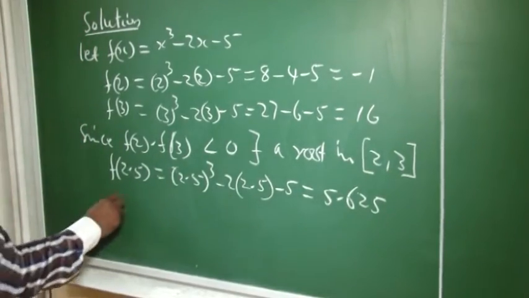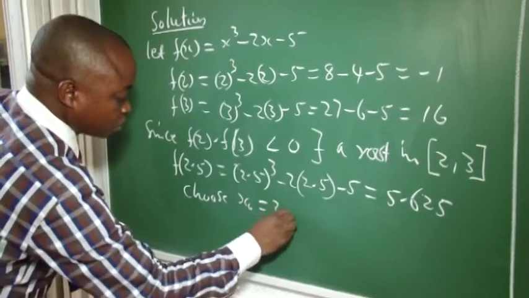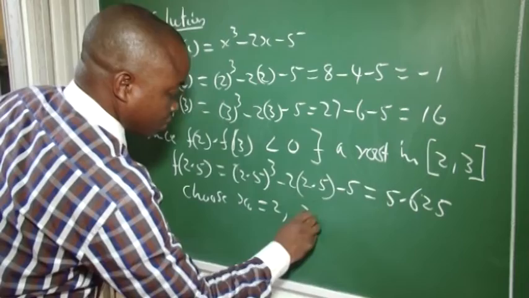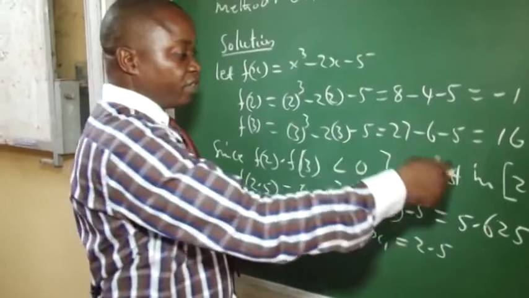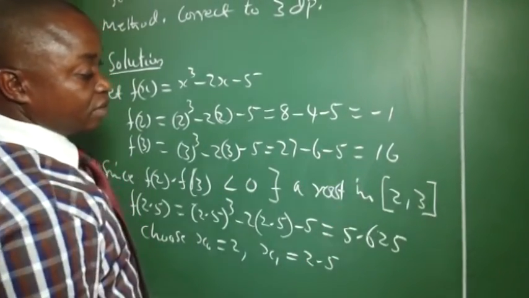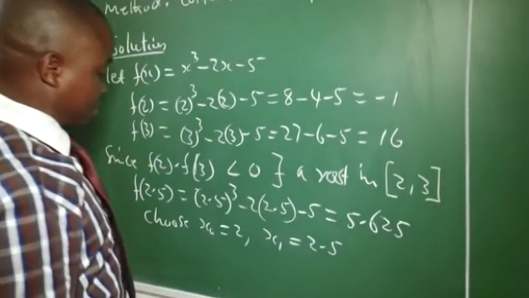So now I can choose x0 equal to 2, the starting point, and x1 equal 2.5. You know, if I had not divided it, I would have chosen my x1 to be 3. But now I know that the root is this way, so I'm choosing here.